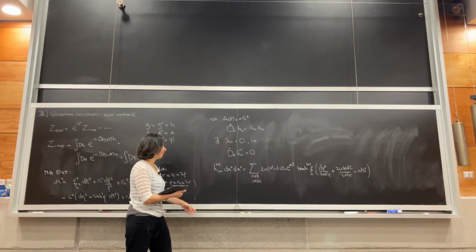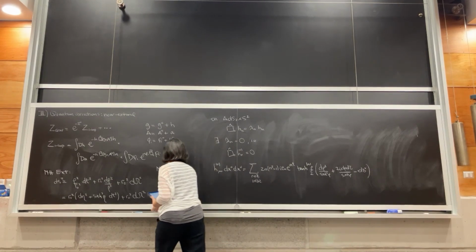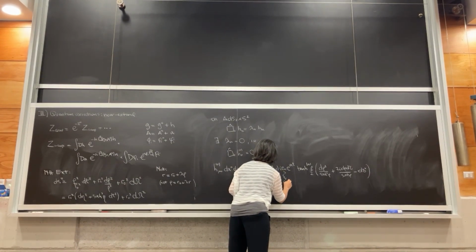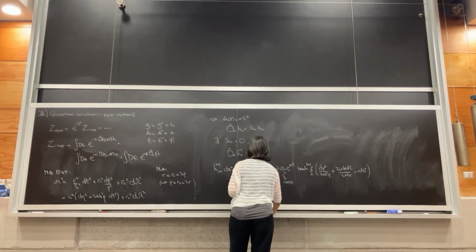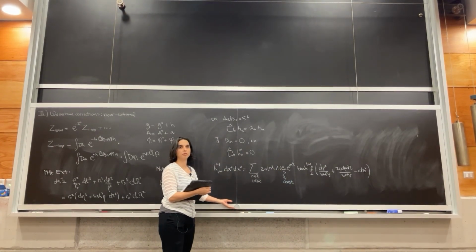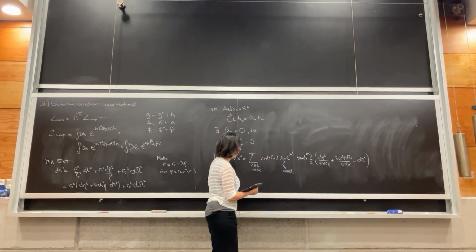There's a parameter, these epsilons. This is a constant. And so there's basically an infinite tower of 0 modes in this geometry, in this AdS2 times S2.